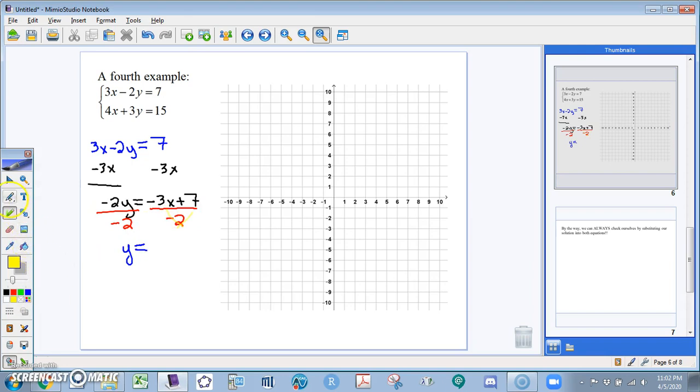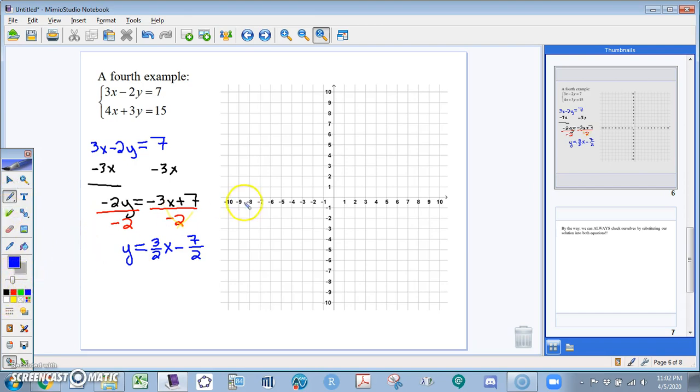We're dividing by a negative 2. Negative 3 divided by negative 2 is positive 3/2 x, and then minus, because a positive divided by a negative is negative, minus 7/2. So this equation came out a little bit messier for us as far as graphing.